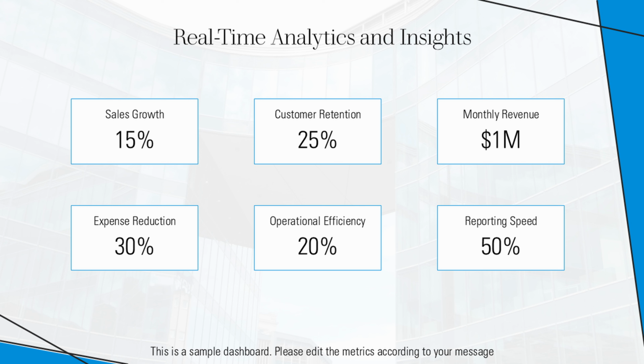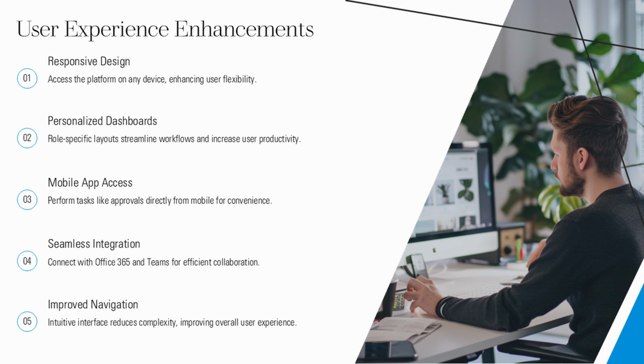D365 FNO introduces extensions, which sit atop the base code without altering it. Extensions enable seamless upgrades, as Microsoft preserves custom logic during updates. For example, a manufacturing firm using AX might spend weeks reconciling custom production modules after an update, whereas D365 FNO's extension model eliminates this risk.